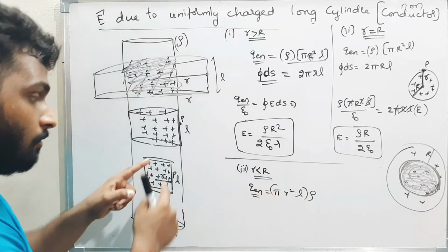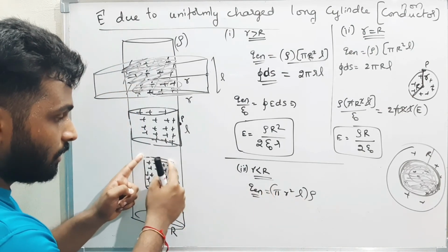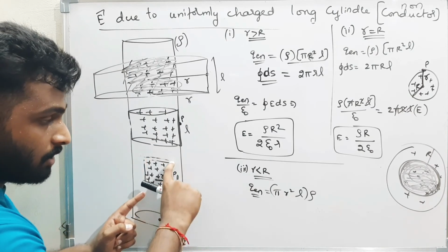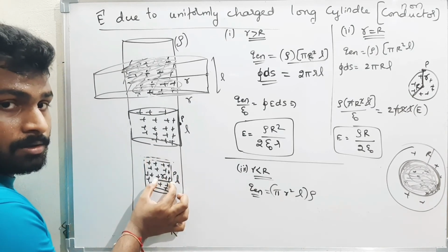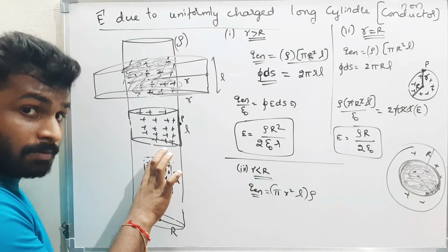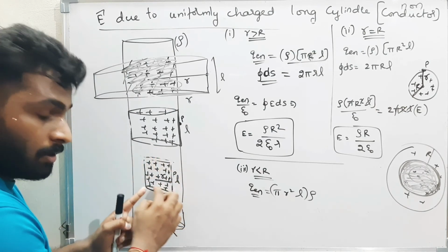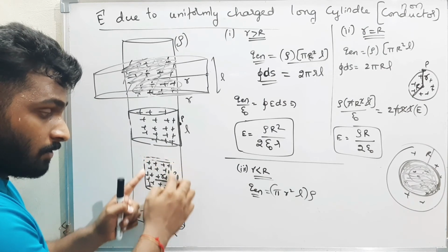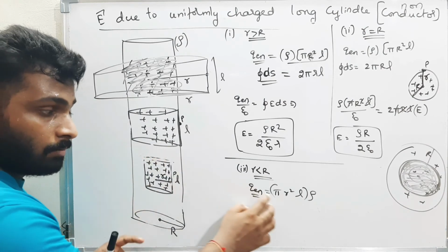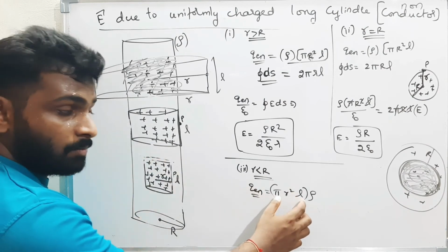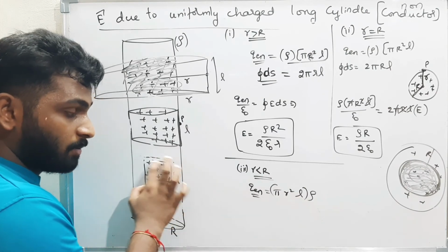The length is L, the radius is small r. This much volume is present inside this Gaussian surface. The volume is pi small r square into L, and if I multiply that volume with rho, I will get the charge present in it.